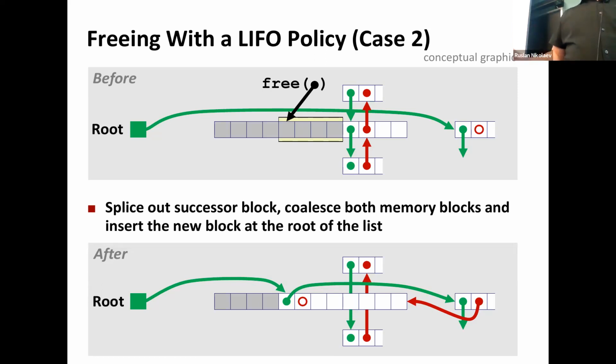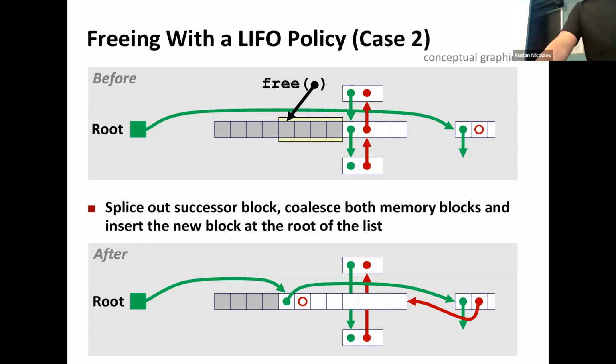Then you're going to coalesce, and then insert the larger new node to the front of the list, just like previously. So don't forget to remove the node that you're going to coalesce with from the existing list. With a doubly linked list, it's easy to do that because you can always go to the previous and next node and update their pointers. Once you remove it from the list, you can coalesce with this free block, and the larger block will get to the front of the free list.